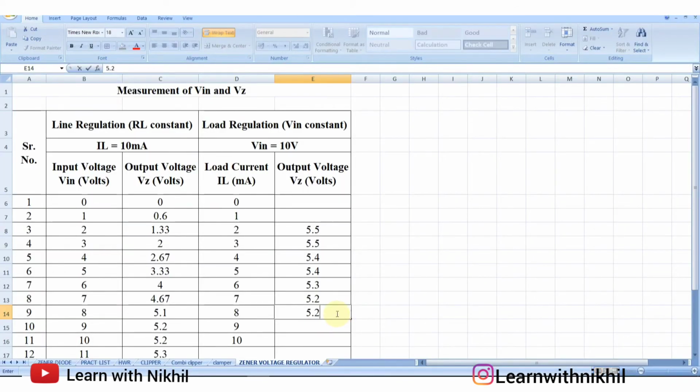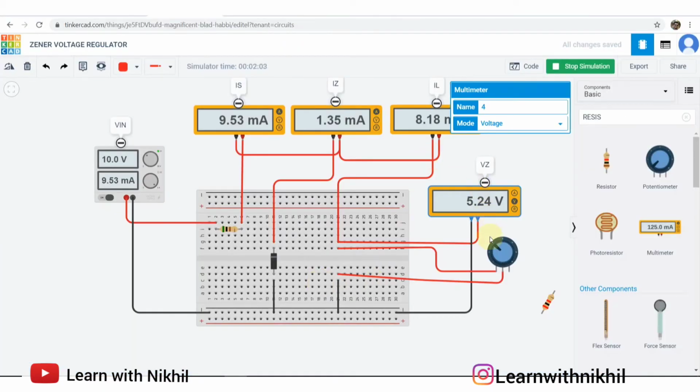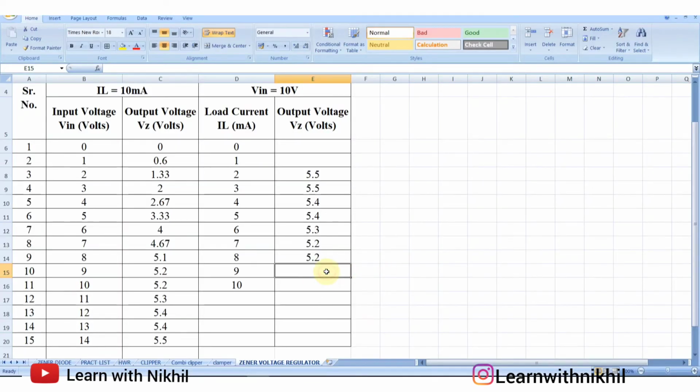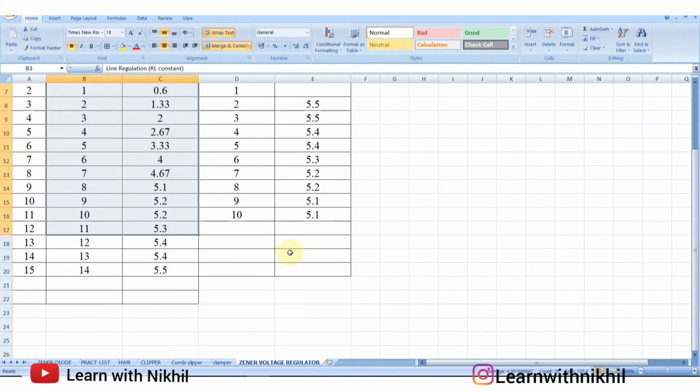As you can see, it is constant at 5.2, 5.1. And for 9 and 10, it is 5.1 and 5.1. So this is the reading of the load regulation, and this is the reading for line regulation.